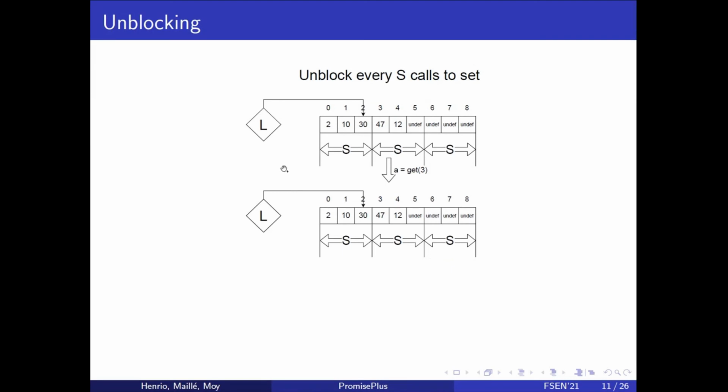Okay, so for example, let's look at this Promise Plus. If I skip index 5 and I call set 6 with something, internally the Promise Plus will think that there has been a call to set 6, and the last index that is readily accessible is 2. 6 minus 2 is 4, which is greater than the step. So I'm going to set L to 6, and a call to get 5 could be allowed to unblock immediately, even if there is no value set for index 5.